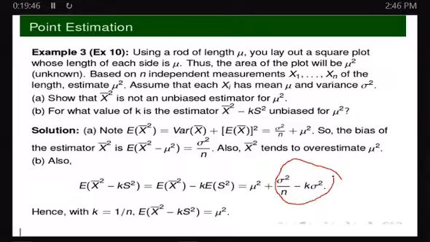For unbiasedness, you know what we are actually looking for, right? Now, that guy will be equated to what? Can somebody tell me? And so for k. Yeah, go ahead.